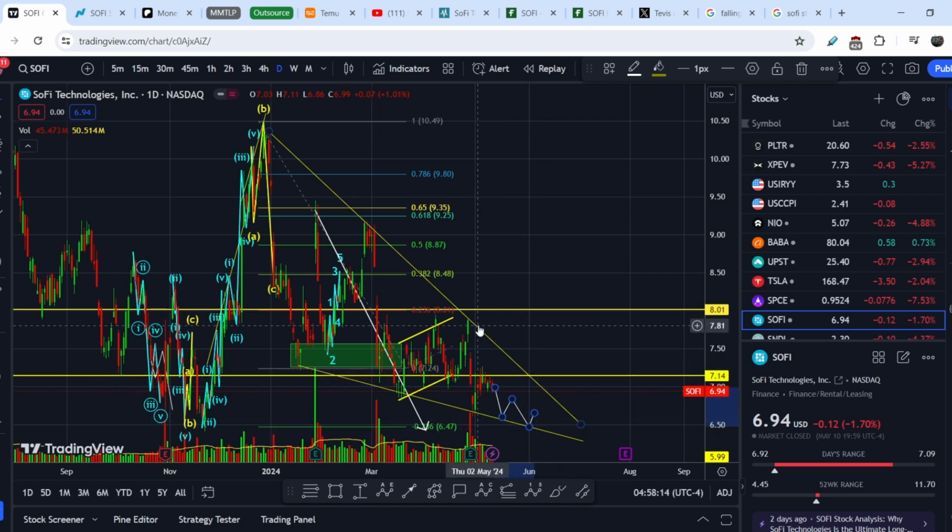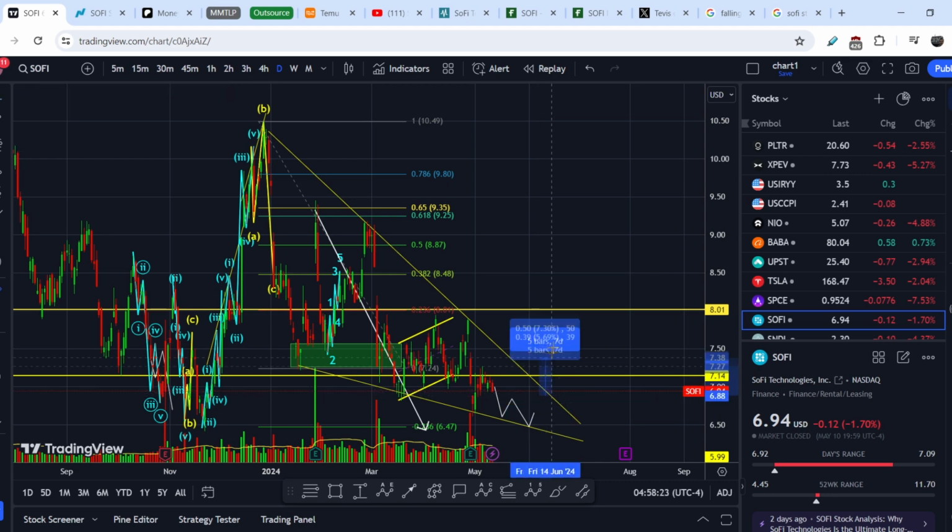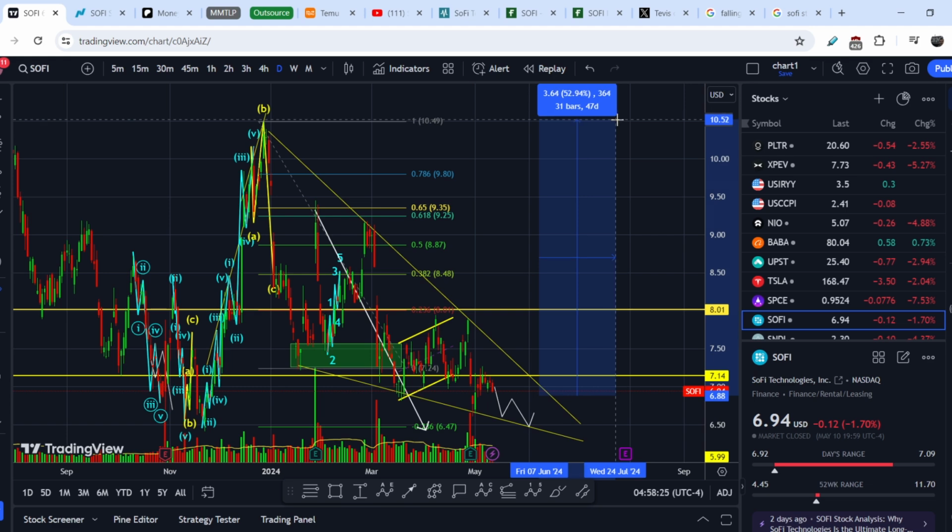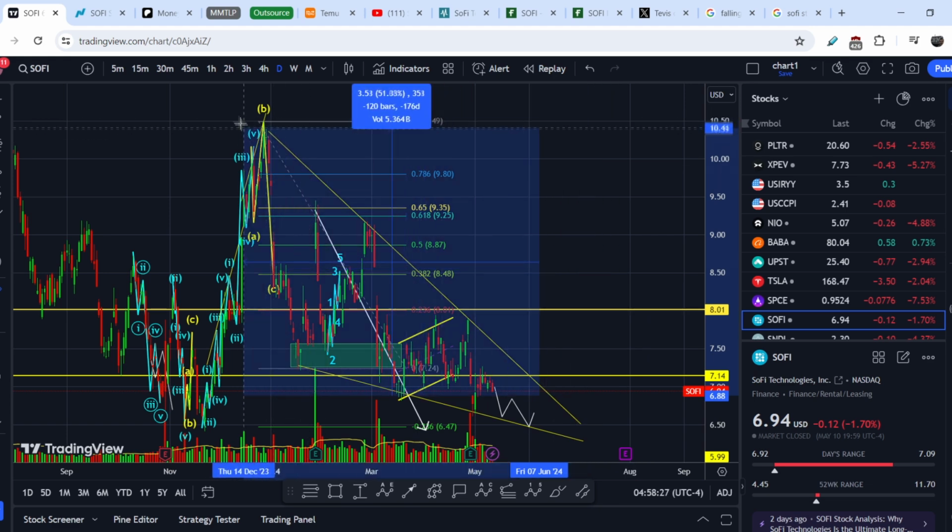And in this case, we have to break all these previous tops, which implies, let me show you, from the current range, about 52% to the major range of resistance, the top of our swing high that was set on December 27th last year.